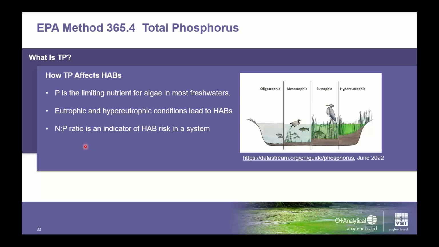So my recommendation is that you measure total Kjeldahl nitrogen, you measure total phosphorus, and you do it with a lot of different samples. At the same time that you're doing that, you're also looking at total chlorophyll and your abundance of algae in those systems. And you're going to start building that relationship for your specific system.